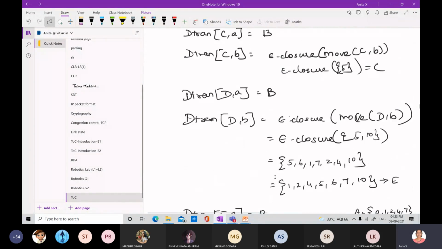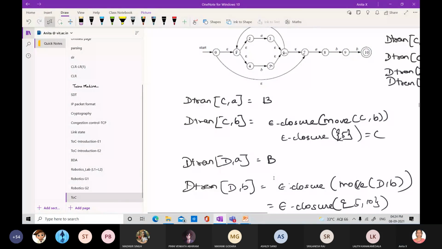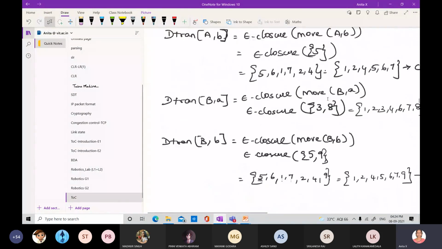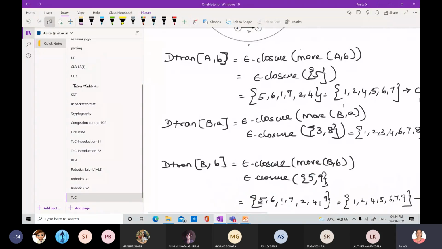Please make a note. I am repeating the same thing I have already told you. If you are proceeding with move of A comma a or b or anything, and you are getting empty for this, in that case you have to introduce something.